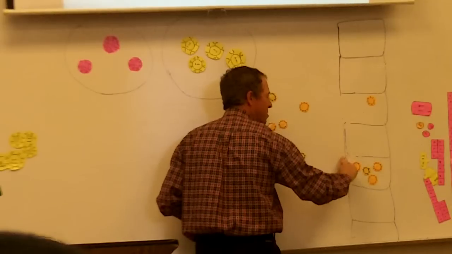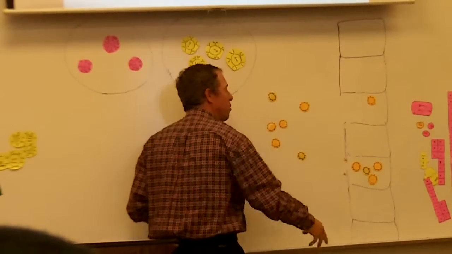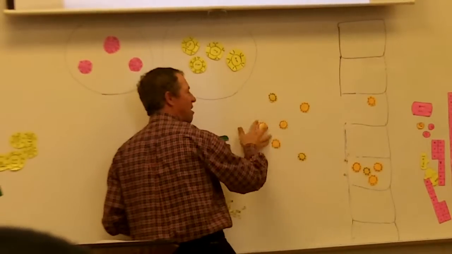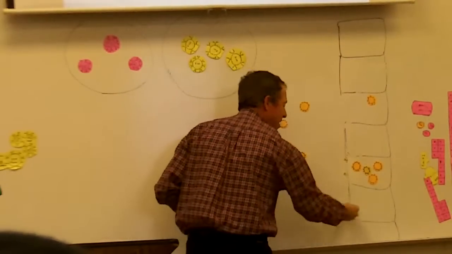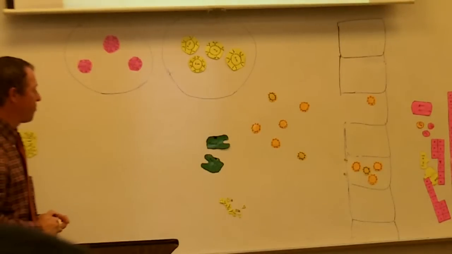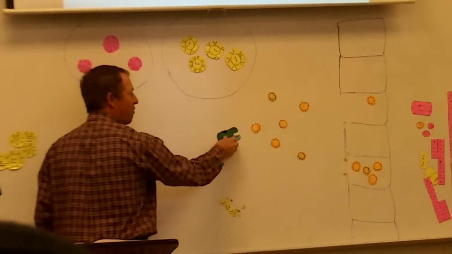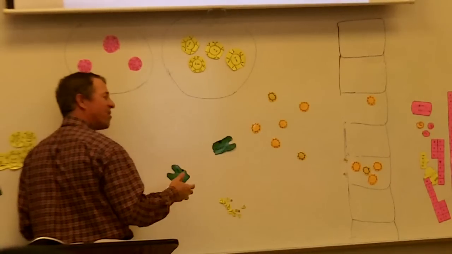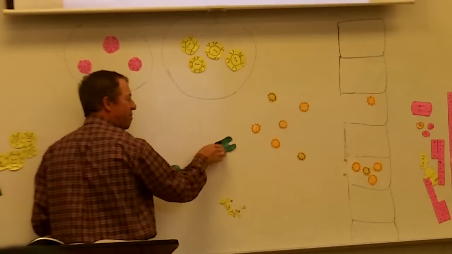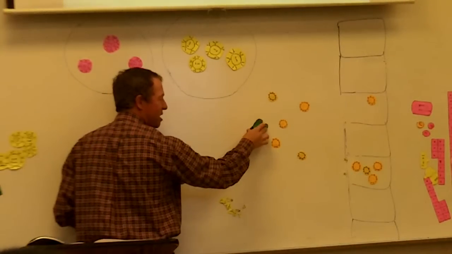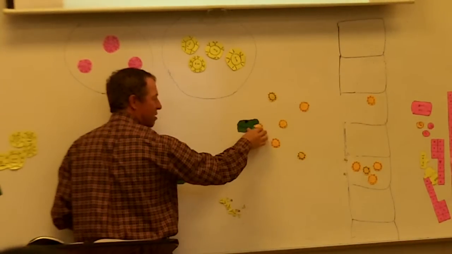So we have two problems that we're facing here. We have viruses inside cells that are multiplying, and viruses outside cells floating around waiting to get in other cells. And we got to kill them both. So one of the things that can happen is a macrophage, which is a type of white blood cell, or also a dendritic cell, which is another type, will sometimes find and destroy some of these viruses.